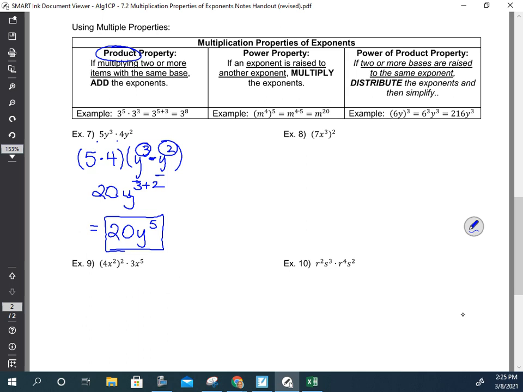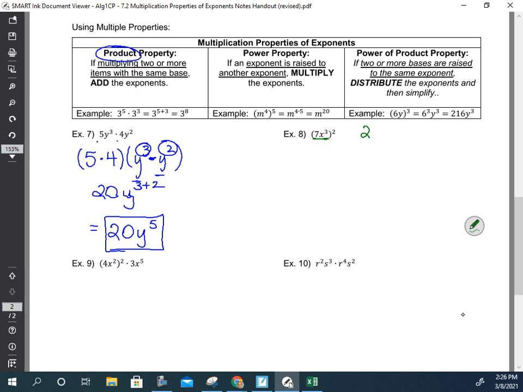So let's keep going. Example 8. First question. Do you have any parentheses? So we have parentheses. Now let's look inside of these parentheses. How many bases are inside the parentheses? 2.